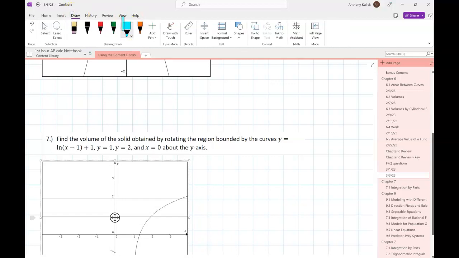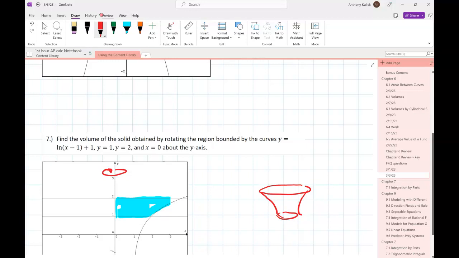So we're looking at this region here between the two horizontal lines, the x-axis and the curve, right? And we're rotating about the y-axis. So what's this thing going to look like? It's going to look like a solid like this, right?